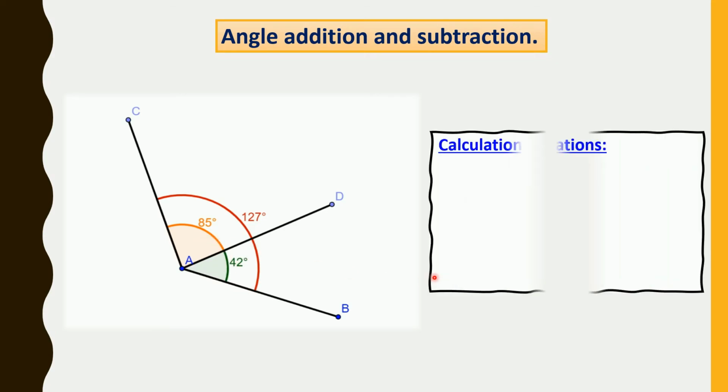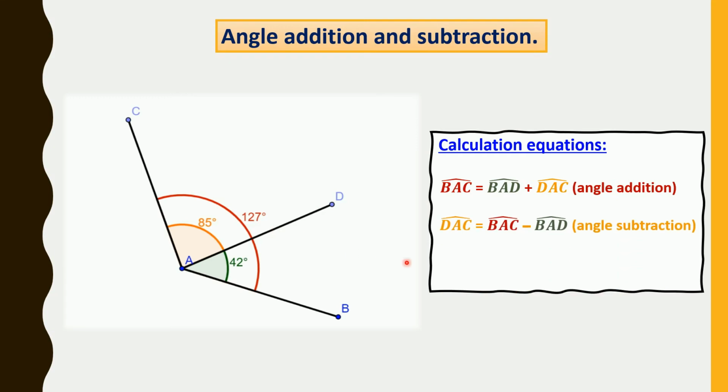So let's write the calculation equations. First, to find the red angle BAC, we do green angle BAD plus orange angle DAC. To find the measure of DAC, we do red angle BAC minus green angle BAD, angle subtraction.